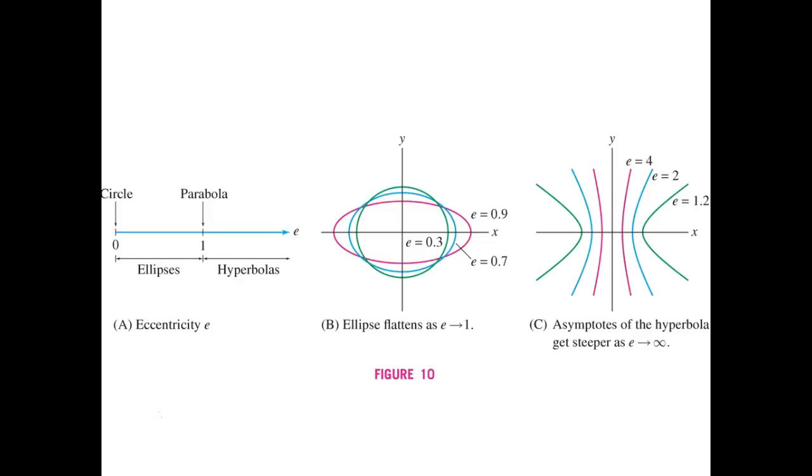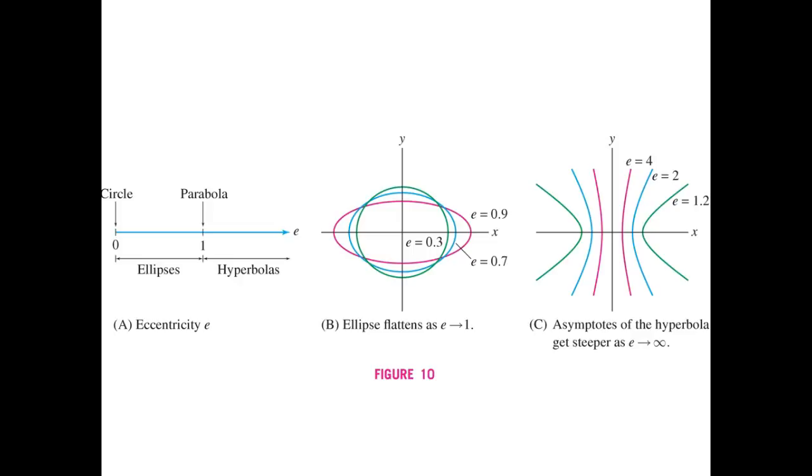The ellipse flattens as e approaches 1. And of course, they don't tell you what it would be for a circle, do they?